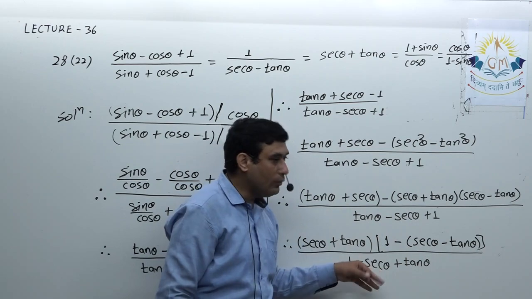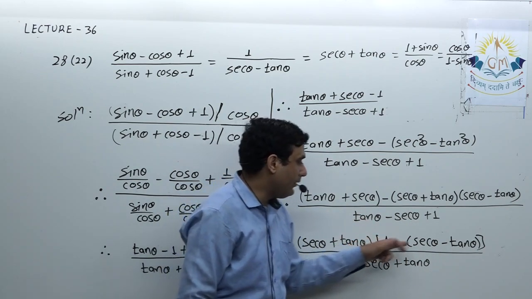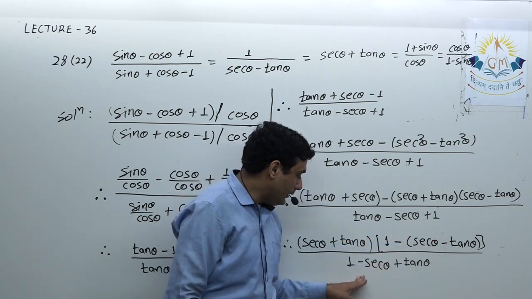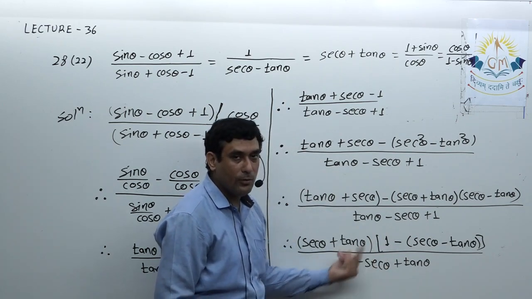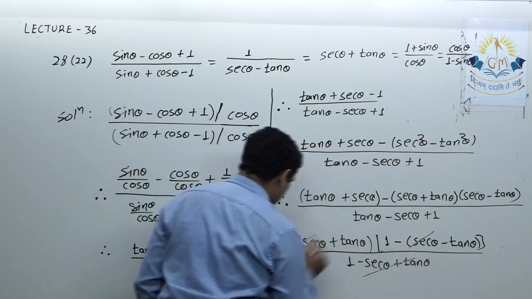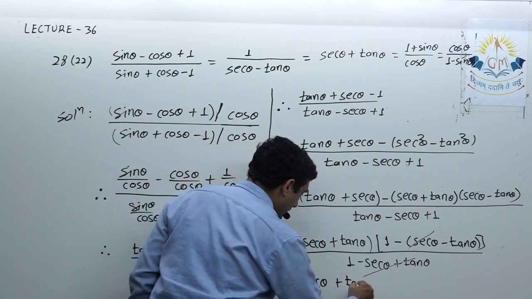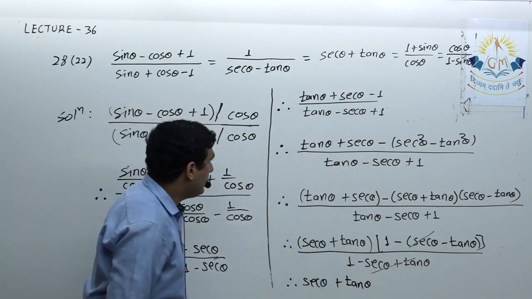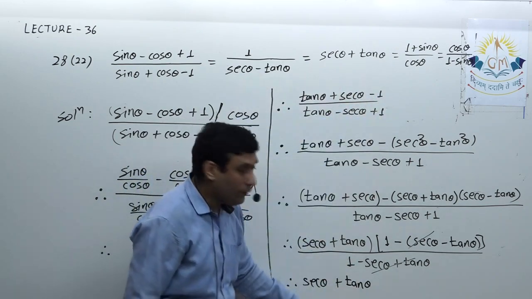That means they will cancel out to give you 1, or they will cancel out to give you minus 1 if the signs of all three terms of the second bracket and the signs of these three are inverse of each other. Then by taking minus sign common I can cancel them. I'm cancelling this directly, so I will be left with sec theta plus tan theta. So here I can say third one. Note it down up to this point, then we'll see how to get the remaining 3 from this.